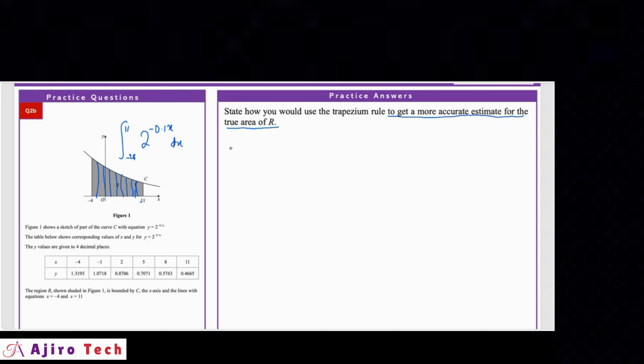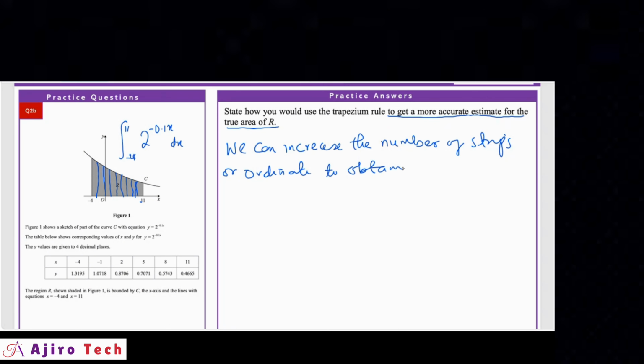So we can say that we can increase the number of strips or ordinates to obtain a more accurate solution, which is closer to the true area of R. So you have to give it contextually, and that gives you the mark for that.